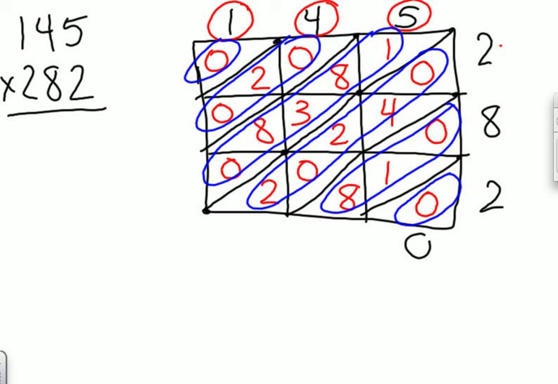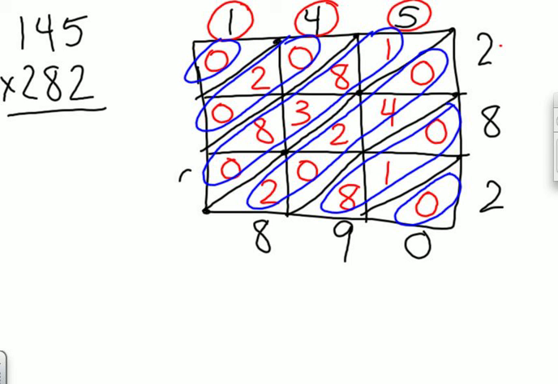Okay, so now adding them together. The first circle is a 0. The second diagonal or circle is 8 plus 1, which is 9. The next circle or diagonal is 2 plus 2 plus 4, which is 8. The next diagonal is 8 plus 3 plus 8 plus 1. What is that answer?